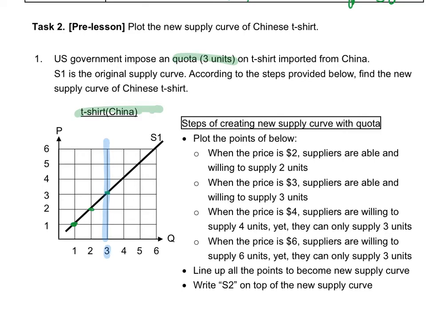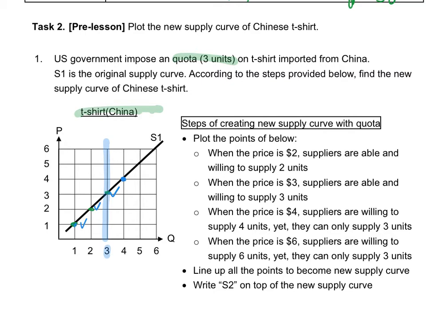For the first one, if the price is $1, the quantity is 1, and it is allowed to be sold. The second one is allowed. The third unit is allowed because it just touches the line, right?